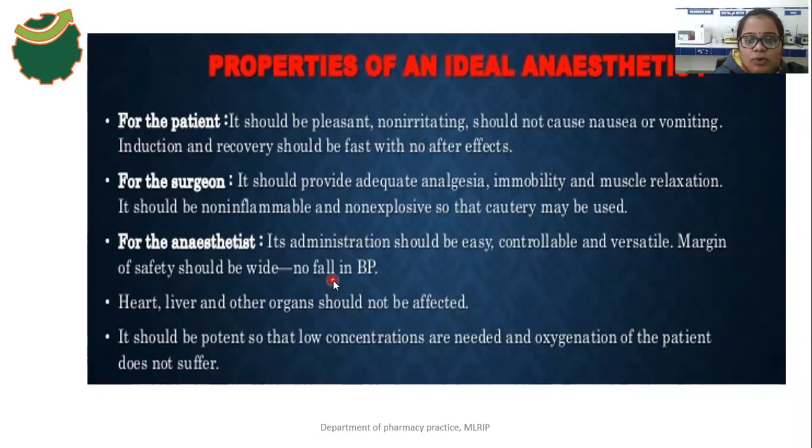There should be no fall in the BP, and the heart, liver and other organs should not be affected. The general anesthetic should be potent, so that a low concentration is needed and oxygenation of the patient does not suffer.